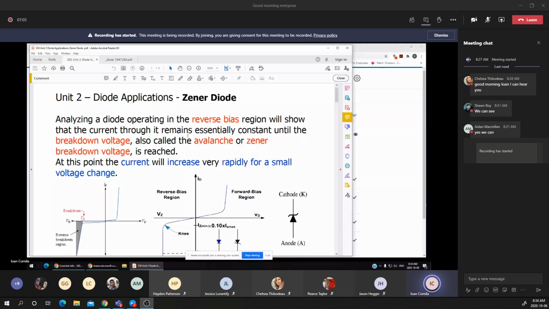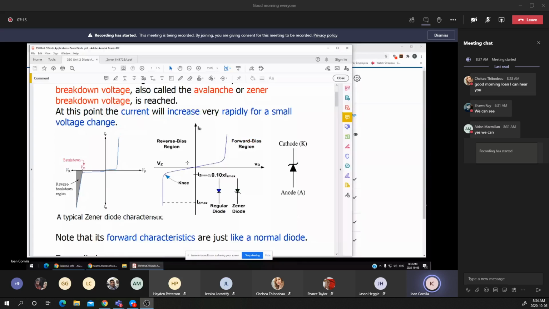Now, first of all, I will take a lecture today to present the Zener diode, a special type of diode that is used in reverse bias. If you look at this diagram, which shows the forward biased region and the reverse biased region, you notice that the forward biased region stays unchanged.